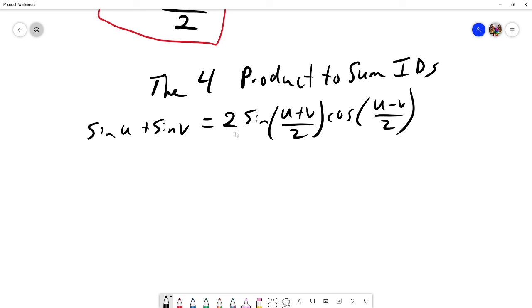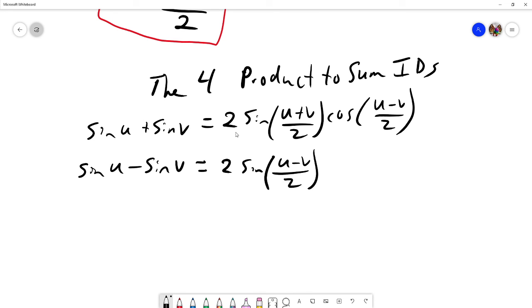So that's the one we just proved. And very similarly, we could have shown that sine of u minus sine of v is equal to 2 times sine of u minus v over 2 times cosine of u plus v over 2.